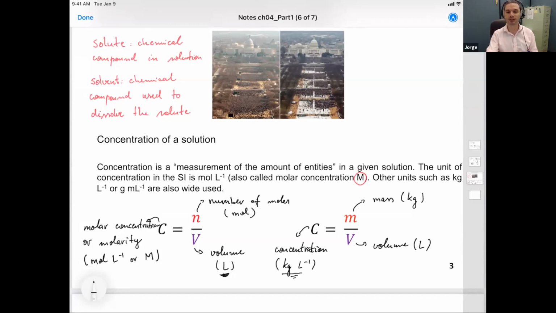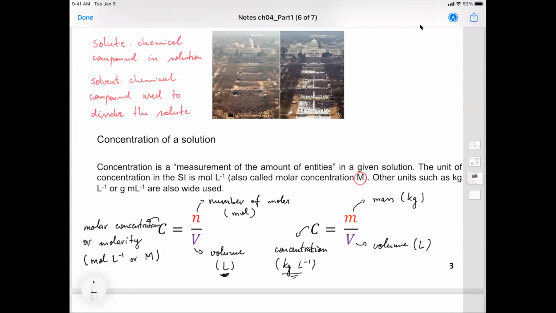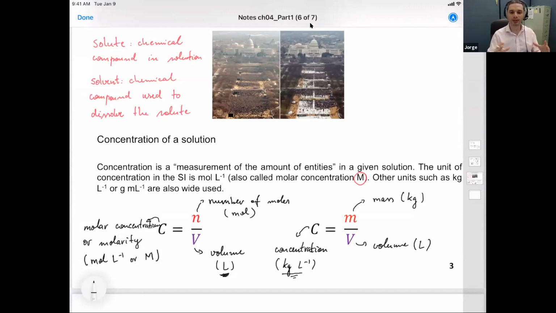Now the difference is the way you calculate the concentration. Now it's the ratio between mass and volume. The units for mass and volume are dictated by the units in which concentration is being represented. Okay, so concentration will always tell you how much of the substance is dissolved in a unit of volume. That's the meaning of concentration.